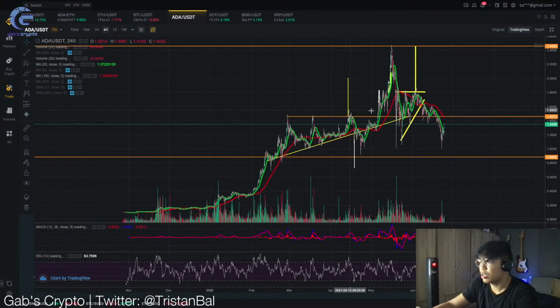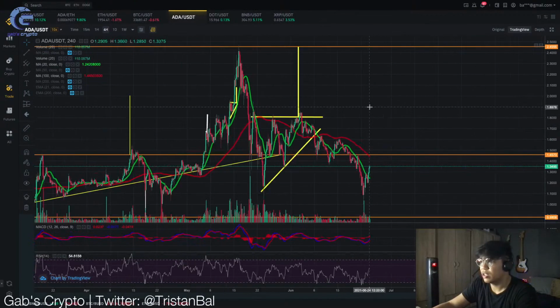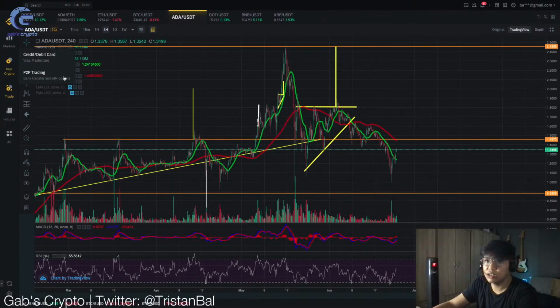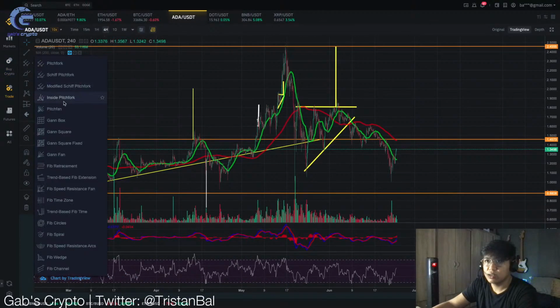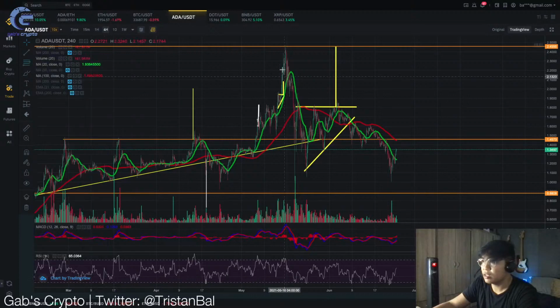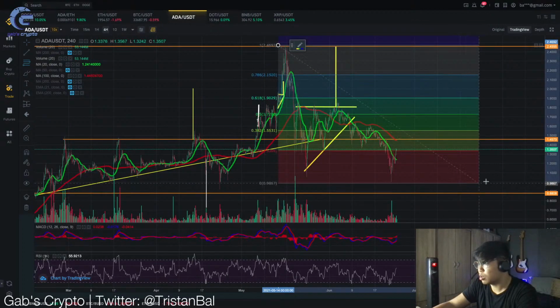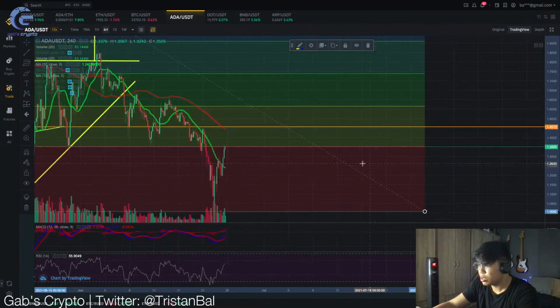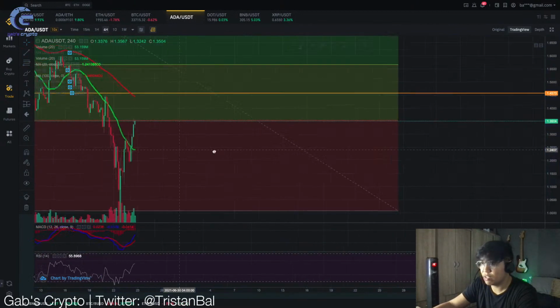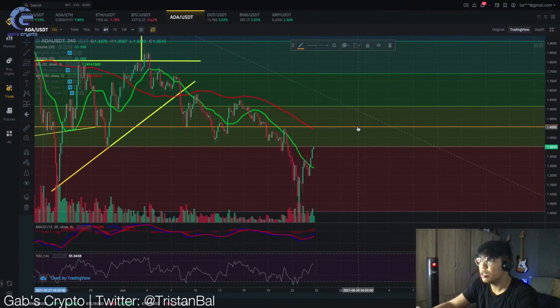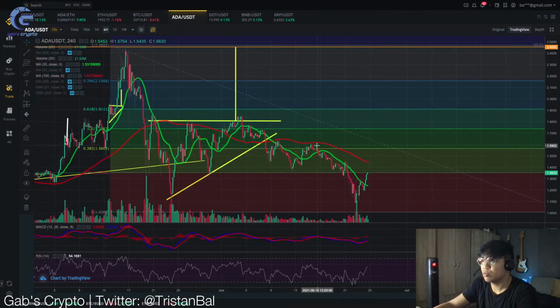So let's use the 4-hour time frame, and then let's try to add a Fibonacci. So Fibonacci retracement, and then let's get it from the top up to the bottom.